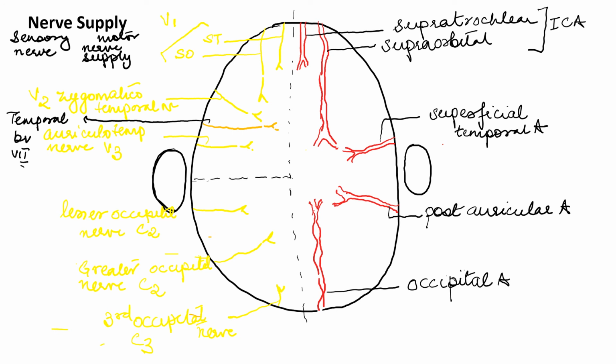The occipital belly is supplied by the posterior auricular nerve, which is again a branch of the facial nerve. So this is how the scalp is supplied: sensory supply by the trigeminal nerve as well as the cervical nerves, and motor supply by branches of the facial nerve.